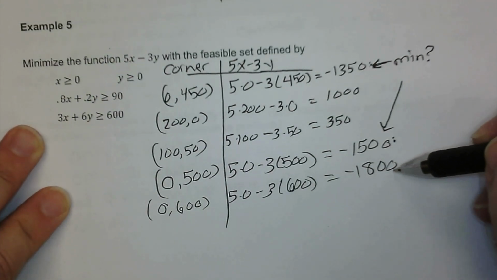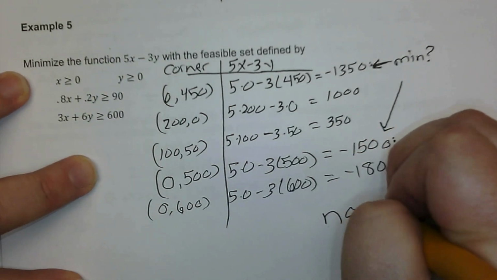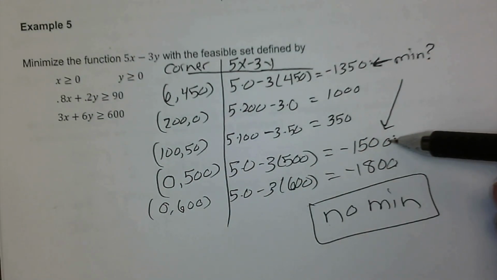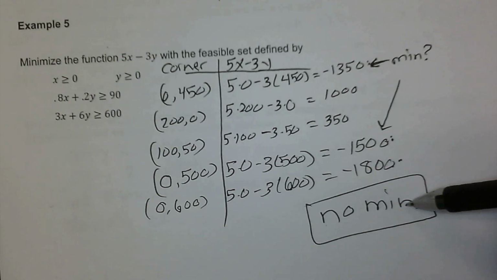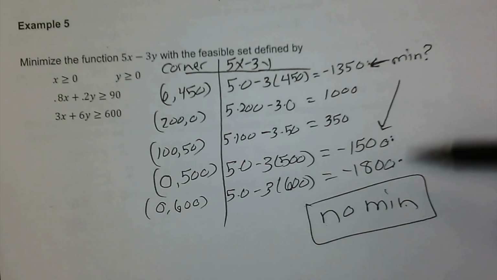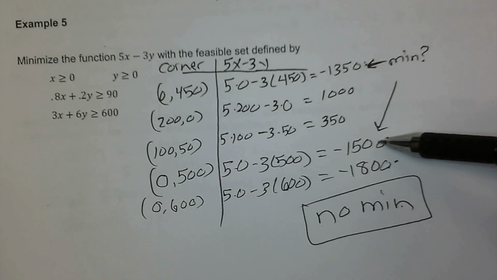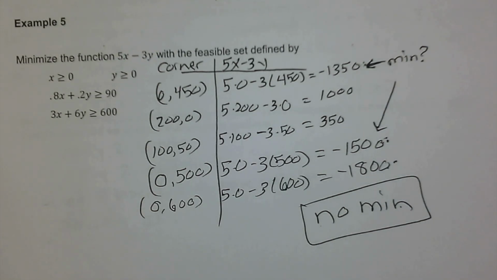It gets even smaller. So what this means is that there's no min. As we went along the border, the number got smaller and then smaller again, which means the further we go out, the smaller it'll get. There's no minimum here. If we had plugged this number in and it had gotten bigger, then that does mean that negative 1,350 is the minimum. But because it got even smaller, this one has no minimum.